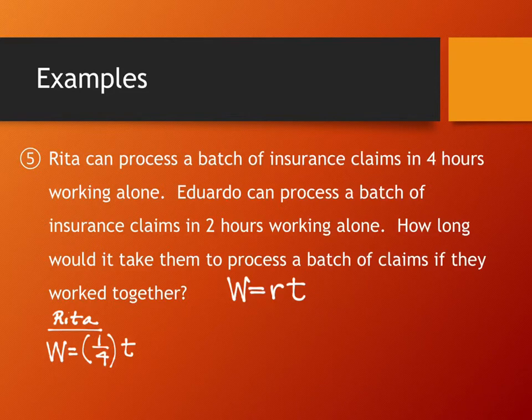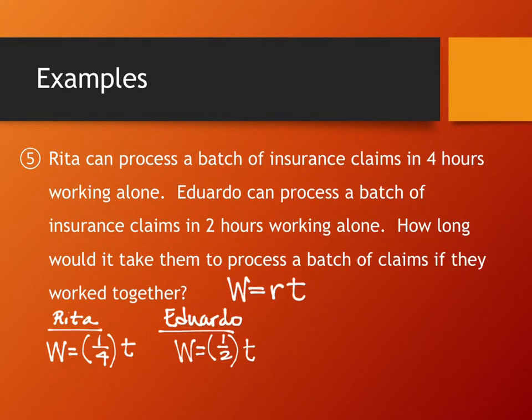We have the same situation for Eduardo. He does work, but he works at a faster rate. His rate is not 1/4 of the job per hour. His rate is 1/2 of the job per hour. And again, he's going to work for a certain length of time, 2 hours if he were working alone, less if he's working with Rita.